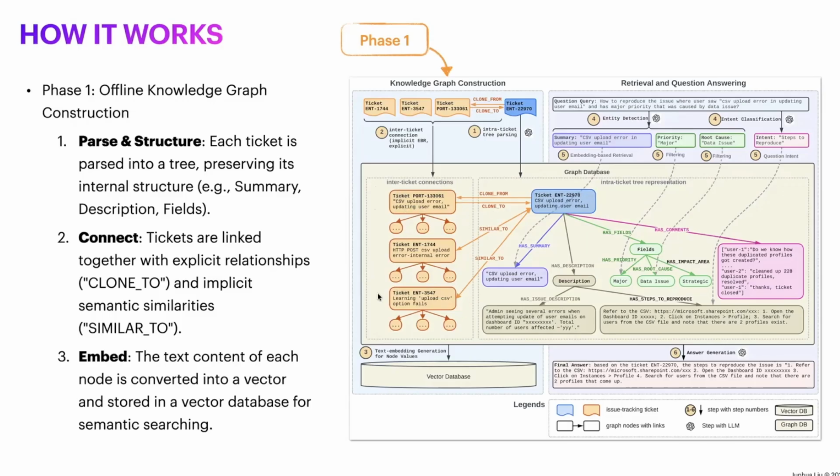These are the inter-ticket connections, and we try to connect them with previous tickets by the similarity between the tickets. Then the third part is to perform embedding. That means vectorization of the semantic content, converting it into vectors and saving them in a vector store or vector database. So that is phase one, which is this side.